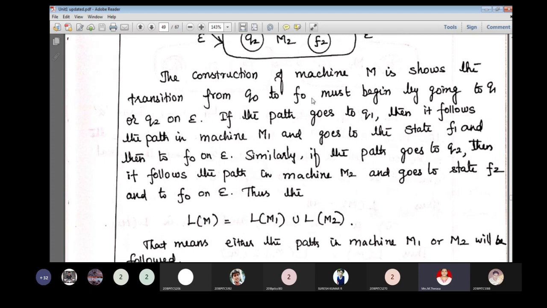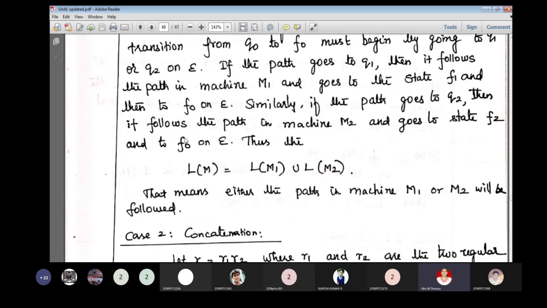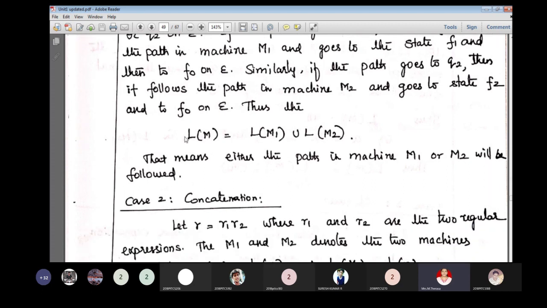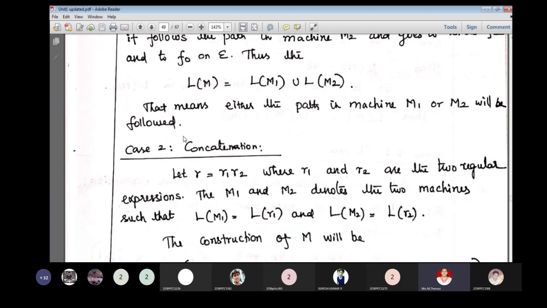Similarly, if the path goes to Q2, then it follows the path in machine M2 and goes to the final state of M2, that is F2, and goes to F0, the final state of the entire machine. Thus, L of M is equal to L of M1 union L of M2. That means either the path in machine M1 or M2 will be followed. Clear? Then we'll see the concatenation operator.